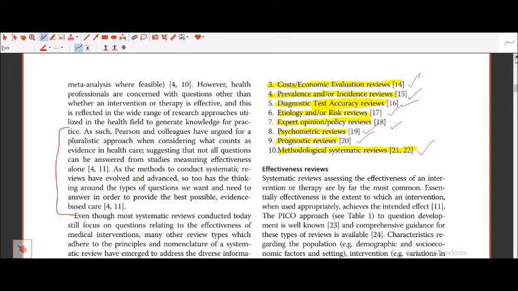First one is the effectiveness. If you are talking about the effectiveness, you will see it is to evaluate the effectiveness of a certain treatment or practice in terms of its impact on the outcomes. Now question format will be what? This is for PICO, and basically this is meant for medical research.